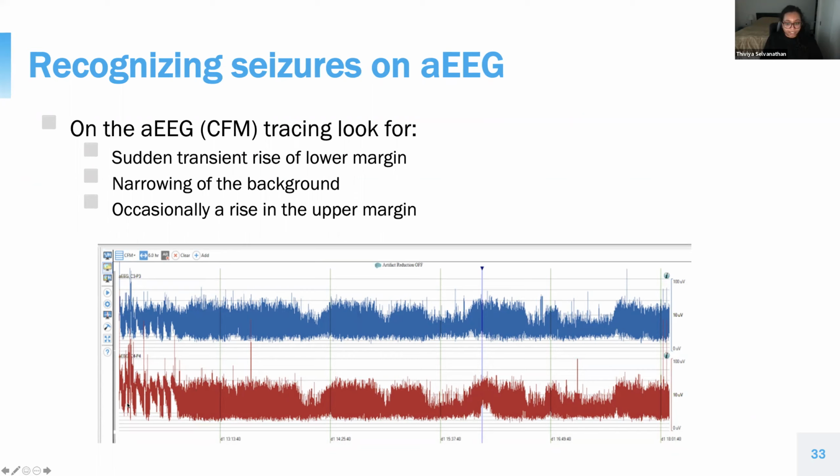As shown here, you see it very nicely at the beginning that there are multiple areas where there is a rise of the lower margin. We also have narrowing of the background, so the background looks narrower. Sometimes you could see a rise in the upper margin as well, but not always.